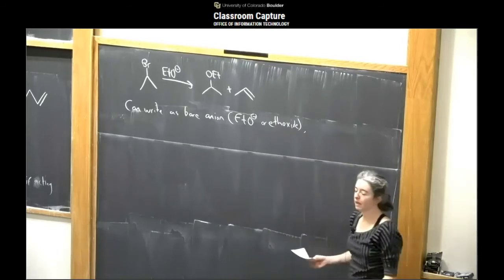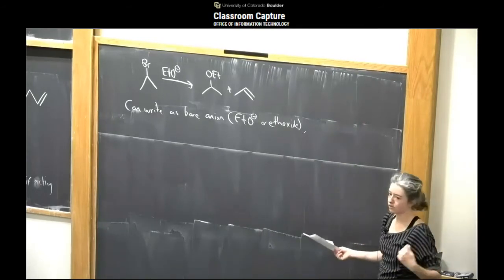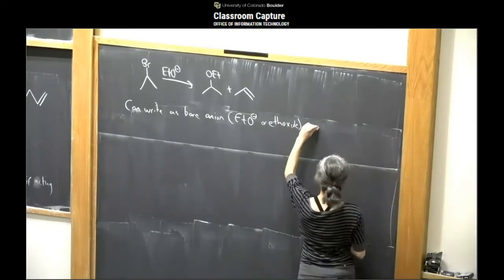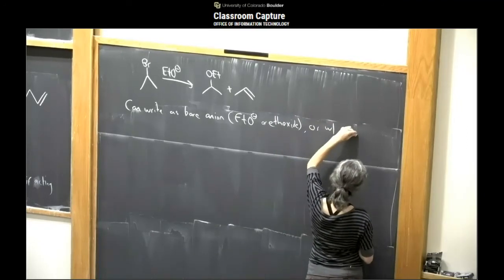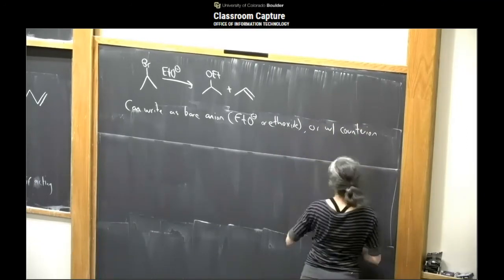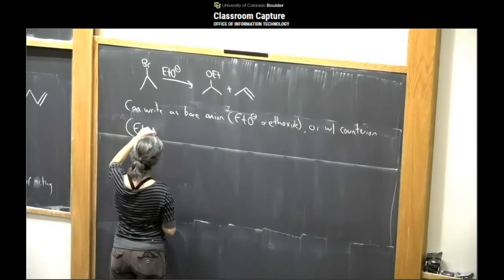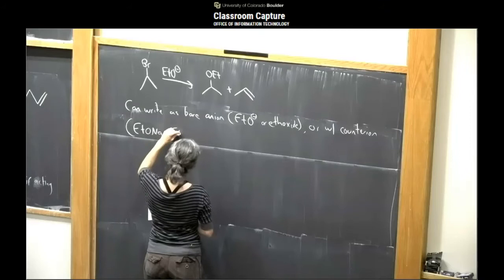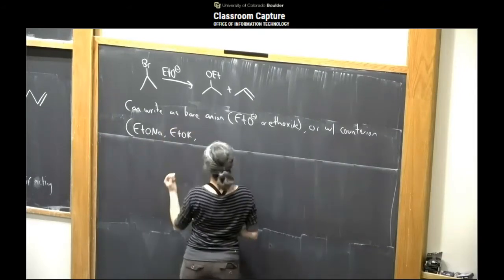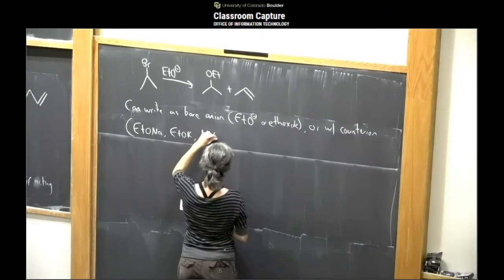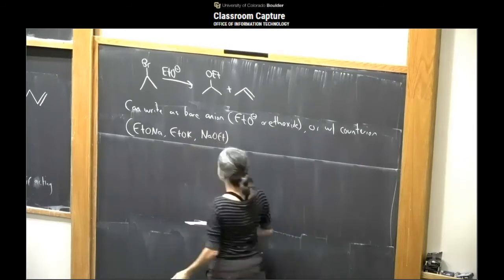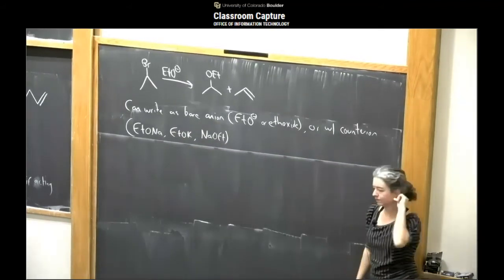Or you can write it with a counter ion, because that's how you would actually put it into the reaction. For instance, EtONa, EtOK, or you might see it flipped around like NaOEt. These are all just different ways of writing the same thing.